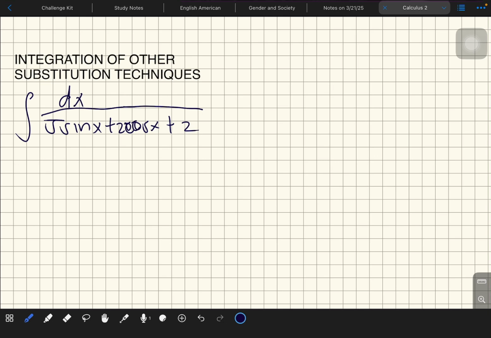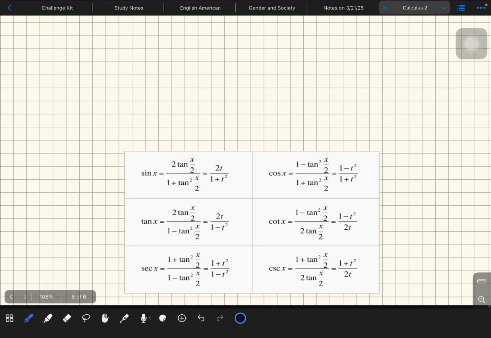The Weierstrass substitution has t equals tangent x over 2. Why? Because in the Weierstrass substitution, we use a half angle substitution so that we can let t equal tangent x over 2. Here we have trigonometric identities: sine x is equal to 2t over 1 plus t squared.